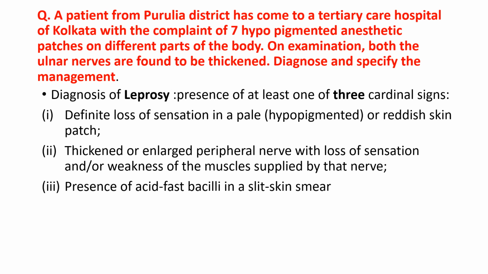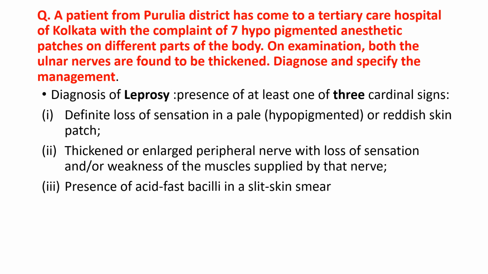I will be giving you one prototype, and along with it the necessary backup with which you can further develop other similar kinds of questions. So let's see, how do you diagnose leprosy in the first place? For that, the presence of at least one of the 3 cardinal signs is important.